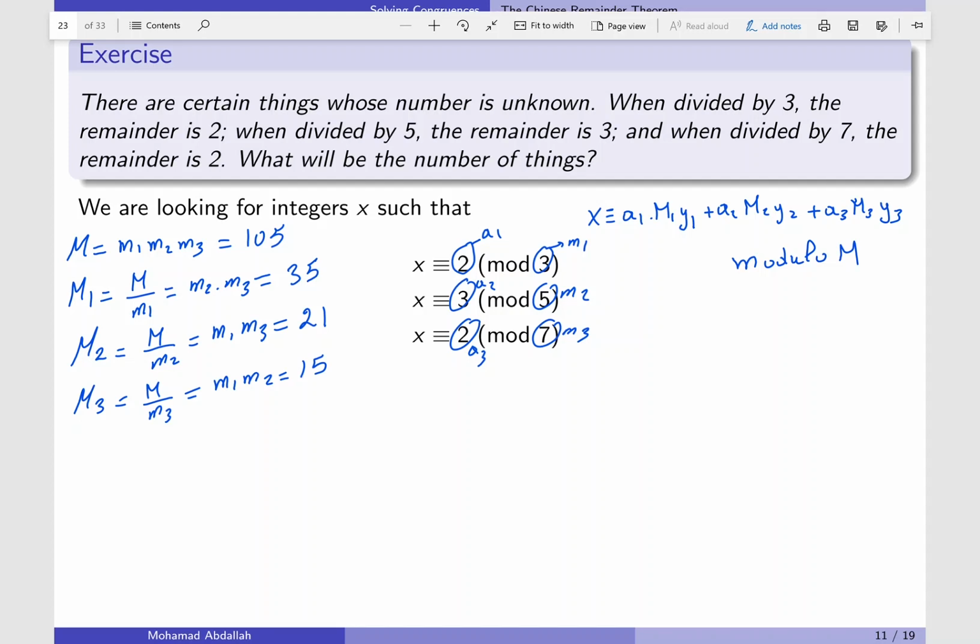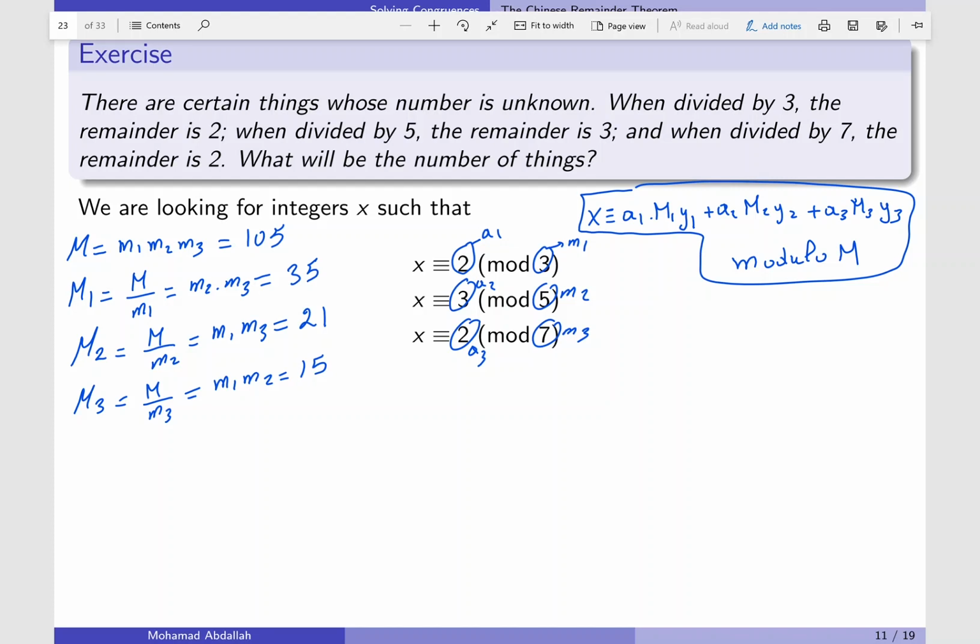Okay, then I have to find, so here, do you see I have A1, so I'm looking at this right here. I have everything except small y1, small y2, small y3. But what was yk? If you go back, yk is the inverse of big Mk modulo small mk.